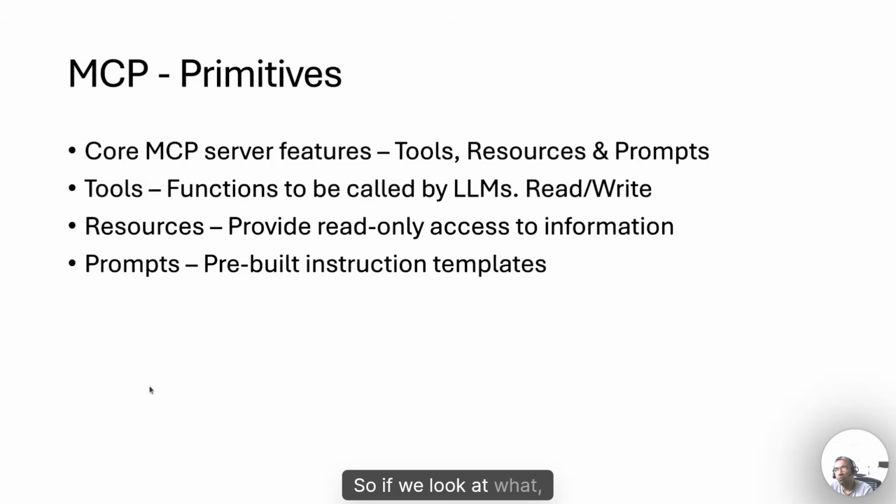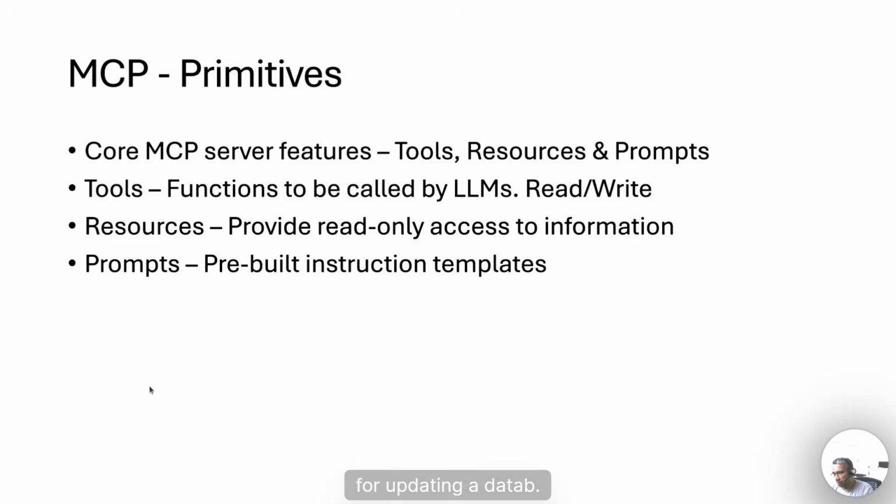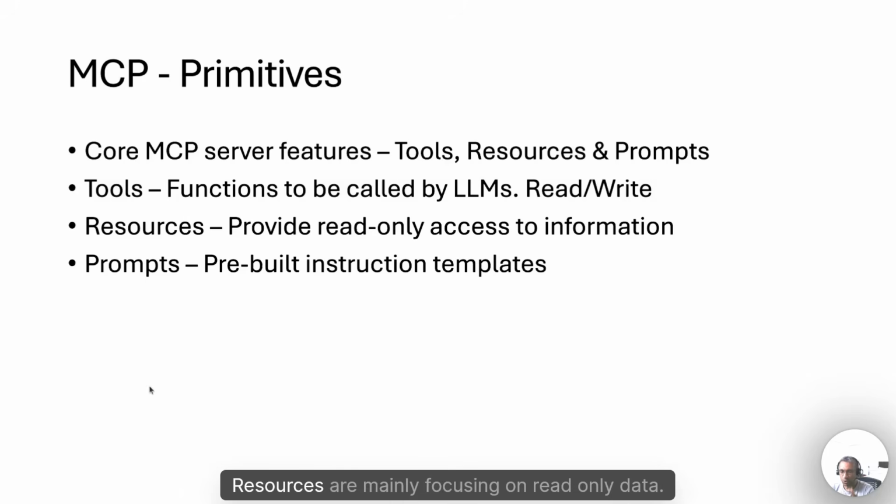A tool is something that the AI can invoke to either read or write into a certain service. For example, a tool can be for reading from a database, or a tool can be available for updating a database. And the next primitive is the resource. Resources are mainly focusing on read only data.